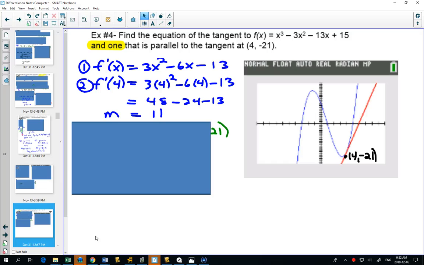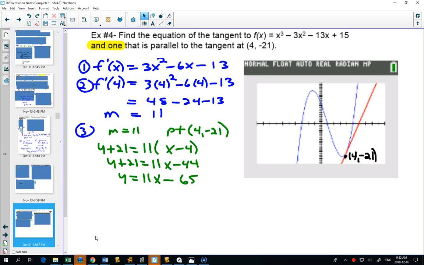We're going to find out the slope is 11. Plug that in. Here we're using our point-slope form. We could find the equation of that line.